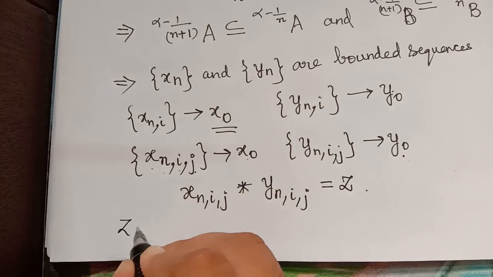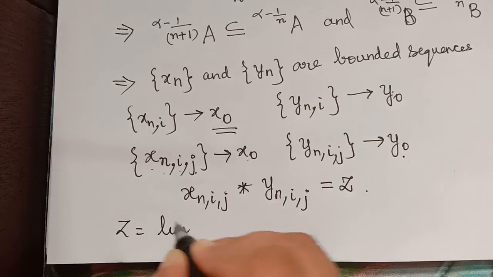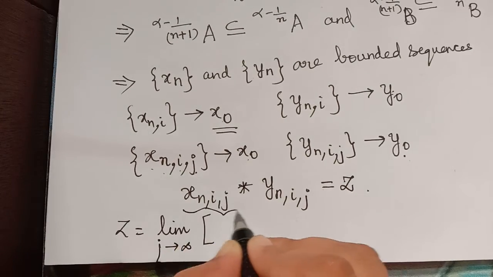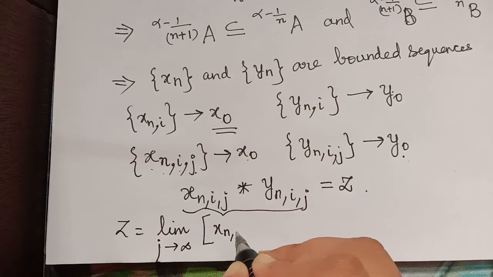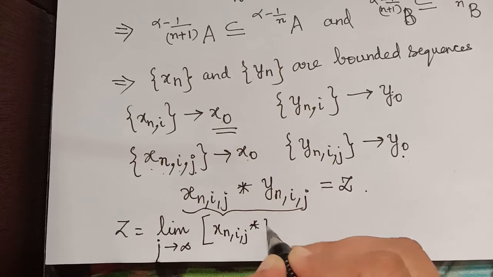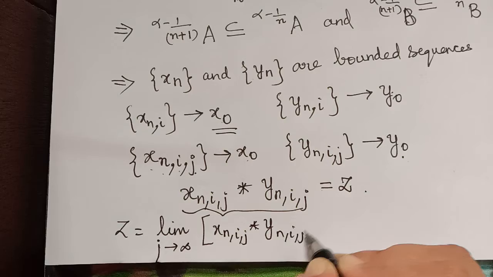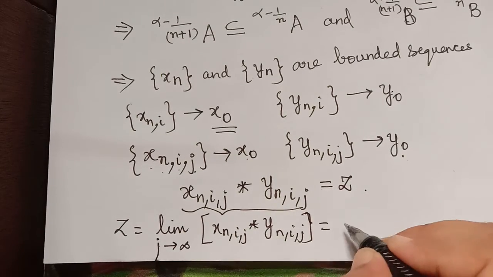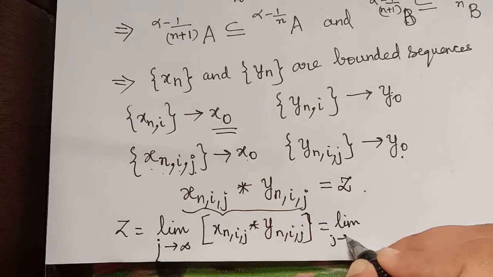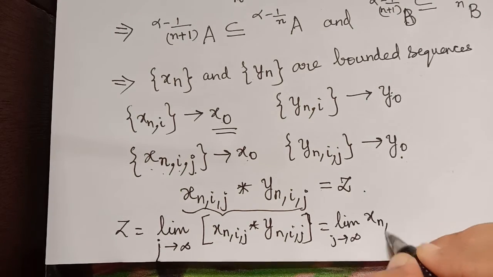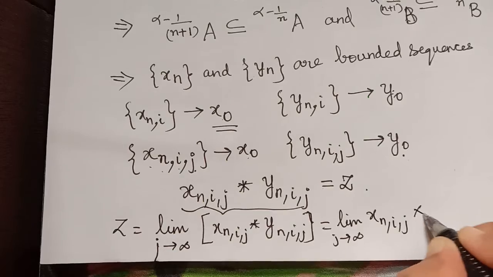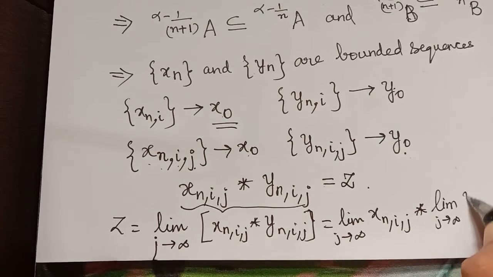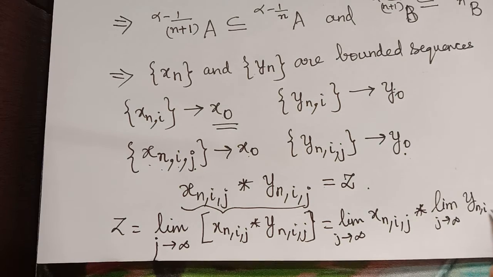So z will be equal to, I am considering a limit j tends to infinity for this fully. So x n comma I comma j star y n comma I comma j. Now that will be equal to, we can separate the limits. So we can write this as limit j tends to infinity of x n comma I comma j star limit j tends to infinity of y n comma I comma j.